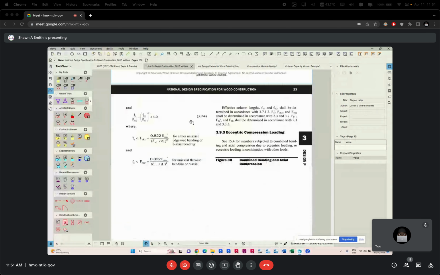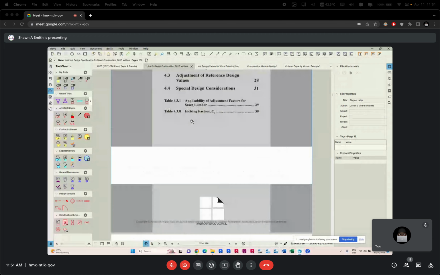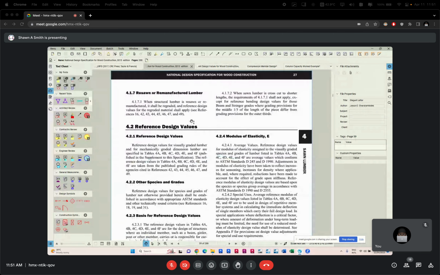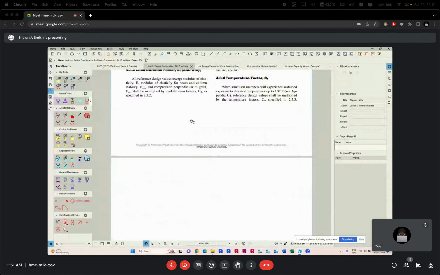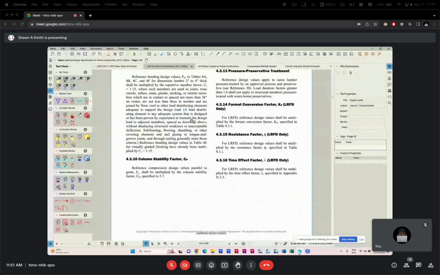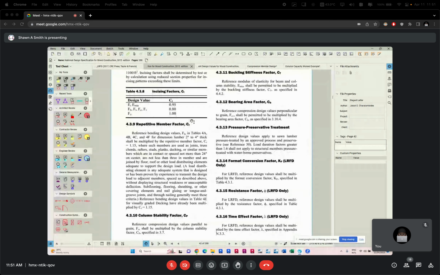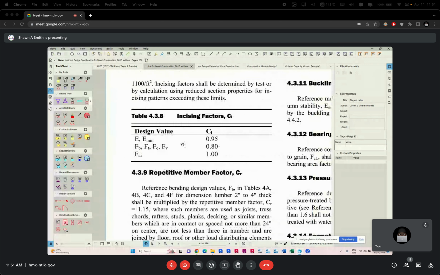Something I want you guys to learn to do is scroll and find it. Table 4.3.8, right, fine. So this is the incision factor.